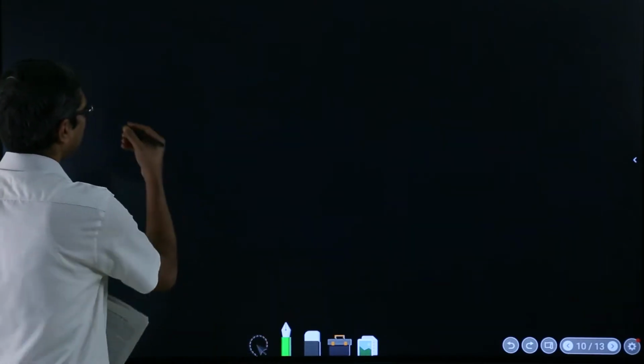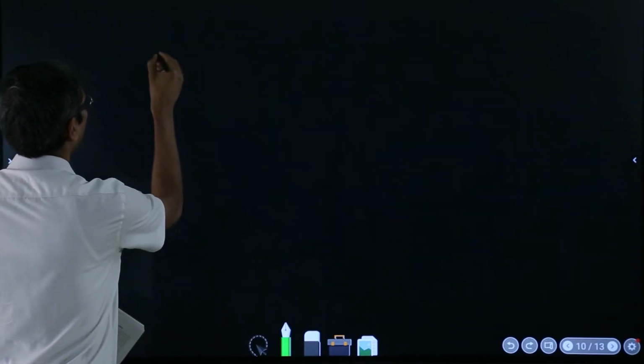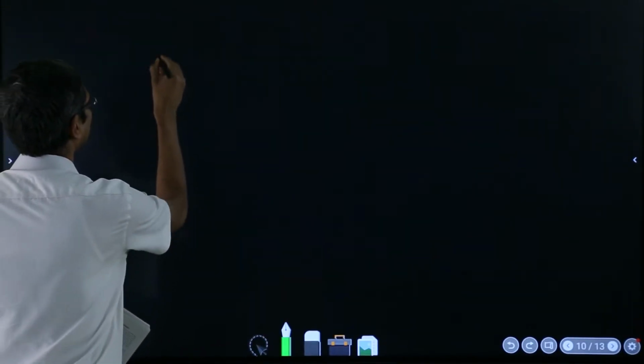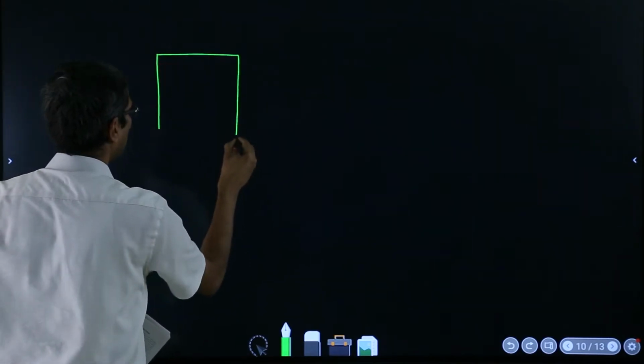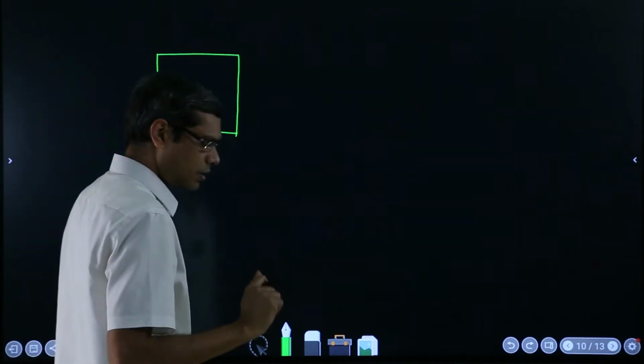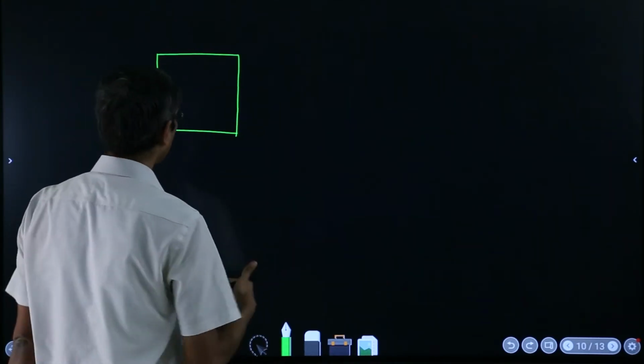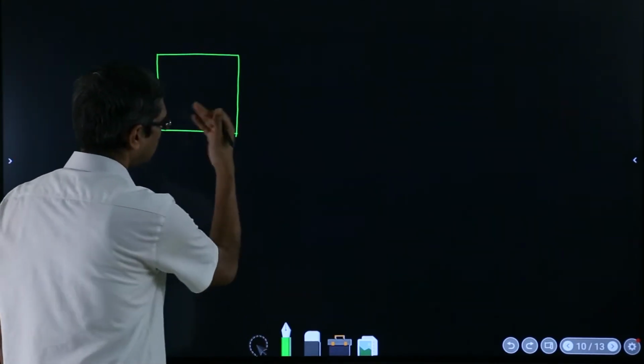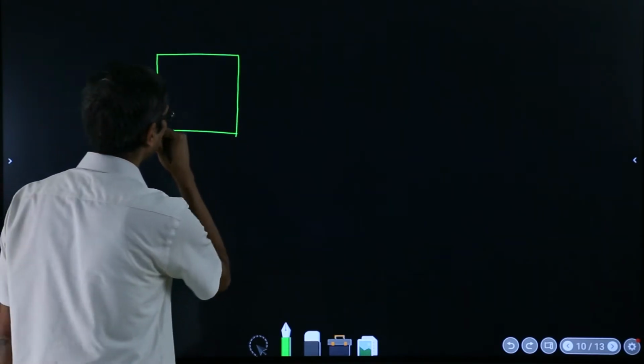Let us see what we mean by plane stress. We have our elemental square, or in fact a cube, which, because the other stresses are not there, looks like a square.